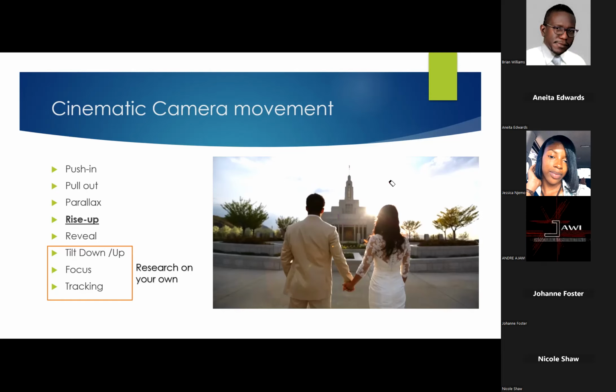And the interesting thing about this is that when you show your audience, some will maybe not look at the significance of the chapel being in the center. Others will just look at the significance of, oh, it's a nice shot and they're holding hands. Other people will maybe only see the chapel and not really notice these two persons here. Many eyes looking at your footage will come up with their own stories, right?